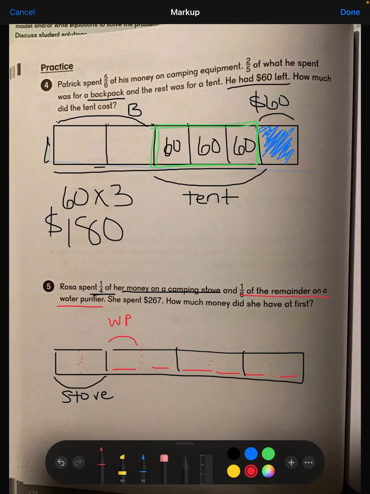Beautiful. It goes on and it tells us that she spent $267. So what that means is from here to here is $267.